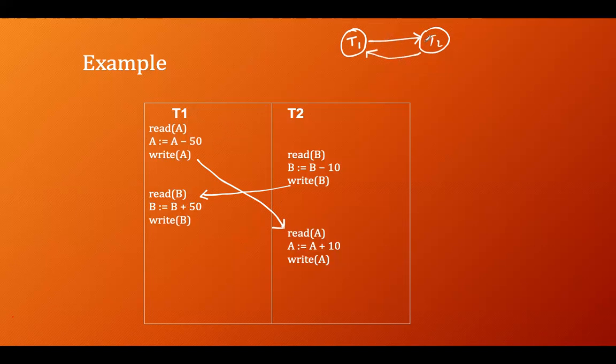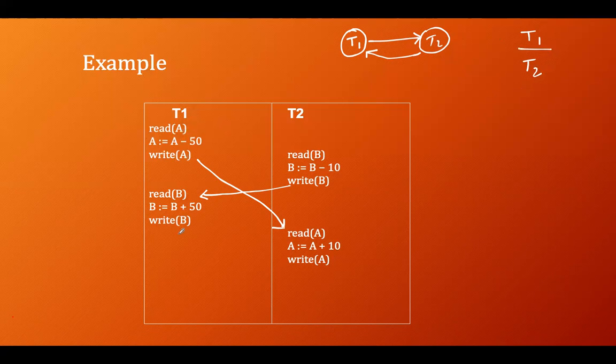If we have this type of graph and this precedence graph is creating a cycle, it means with these transactions we cannot make a serial schedule. Why? Because if we make T1, T2 as a serial schedule, all the operations of T1 will be performed first, then T2 will perform.